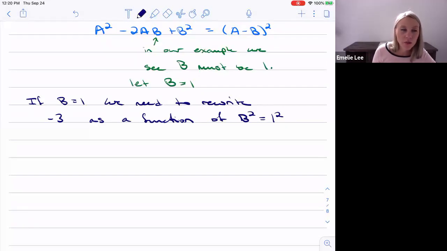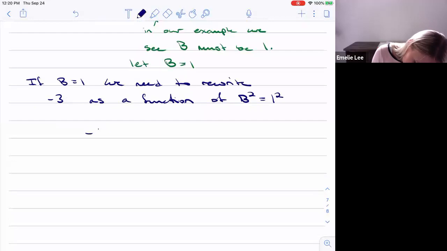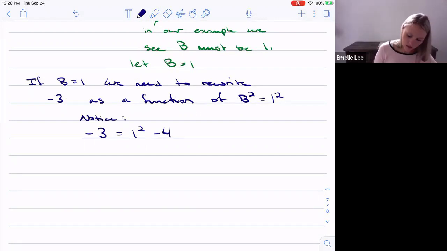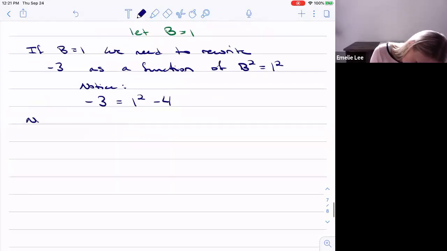So what I can do is say, well, negative 3 is the same as 1 squared minus 4. Notice, negative 3 is 1 squared minus 4. So I can do that, right? 1 squared, that's the b squared.